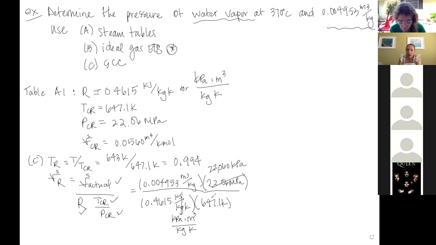So now our kilopascal cancel, our cubic meter cancel, our kilograms cancel, and our Kelvin cancel. So we're going to get a unitless value, which is what we're looking for for a pseudo-reduced specific volume. When we multiply this all out, we get a value, or at least I did, of 109.3 divided by 298.6, which gives us 0.37.